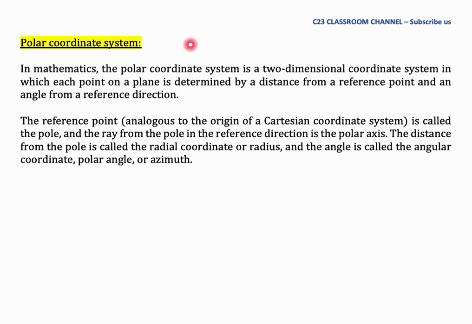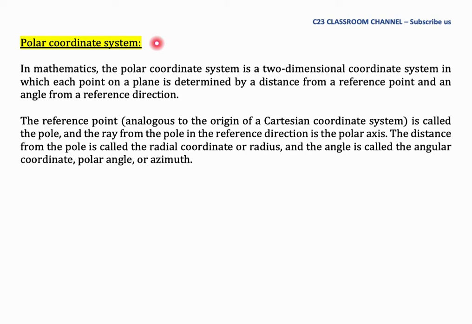So this is the second system that is used in this lesson. It is called the polar coordinate system. In mathematics, the polar coordinate system is a two-dimensional coordinate system in which each point on a plane is determined by a distance from a reference point and an angle from a reference direction.